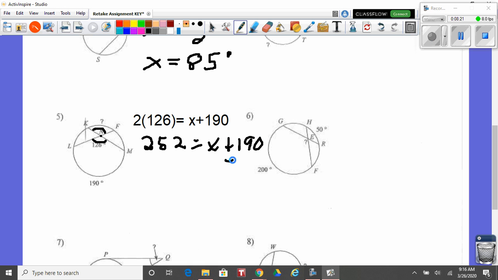To finish solving this, we subtract the 190 on both sides, which gives us 62 degrees, and that equals x, which is our smaller arc in this situation.